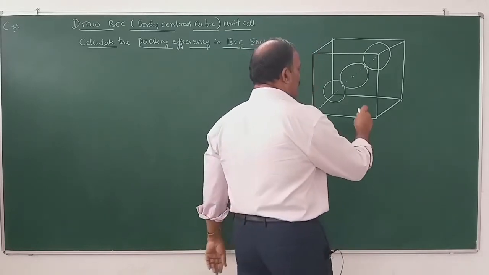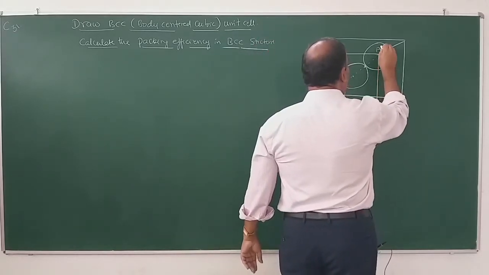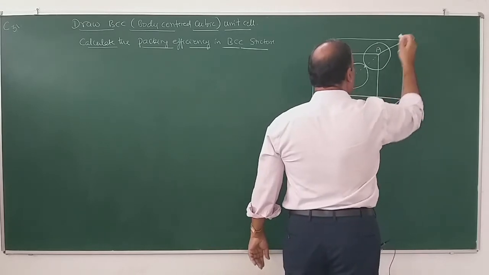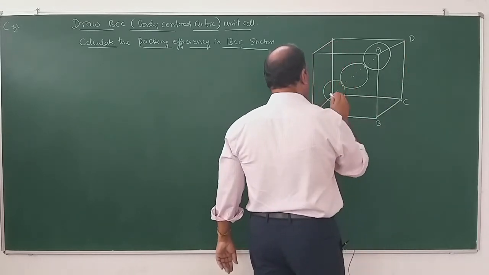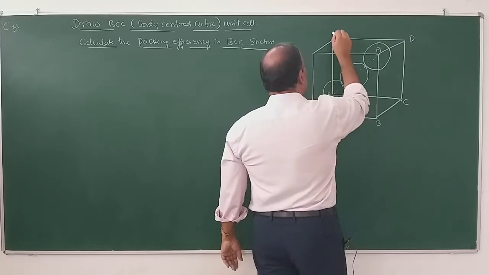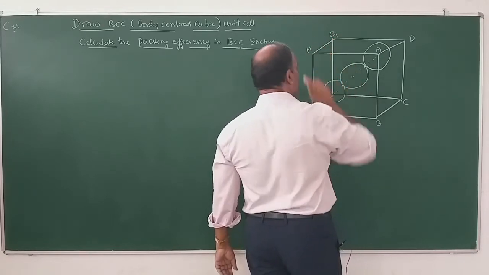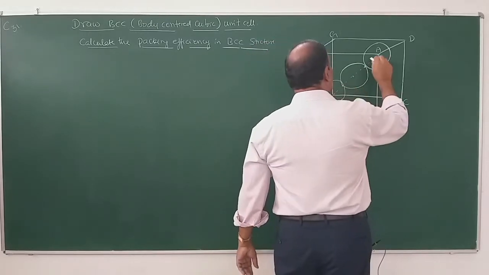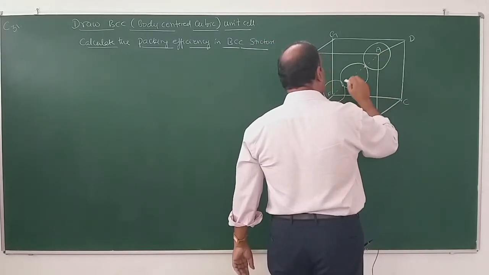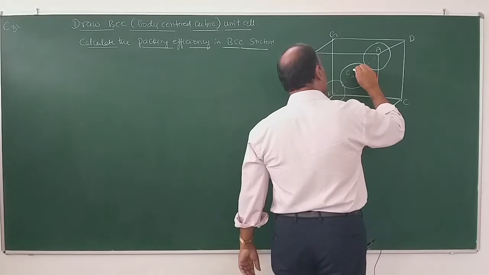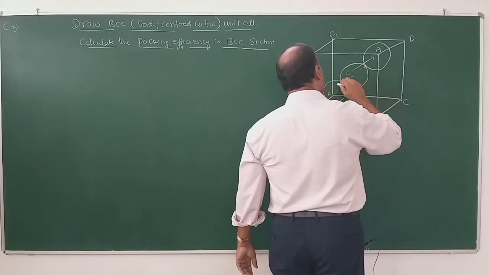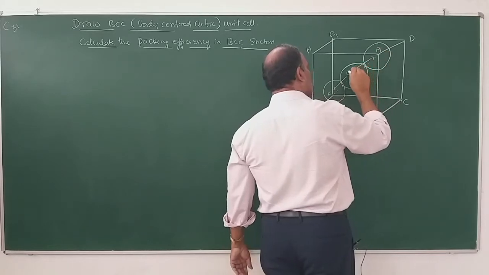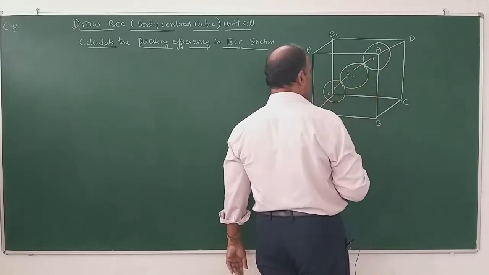So mark this as A, B, C, D, E, F, G, H. This body diagonal distance, let it be small c. The body diagonal distance FA we consider as small c.